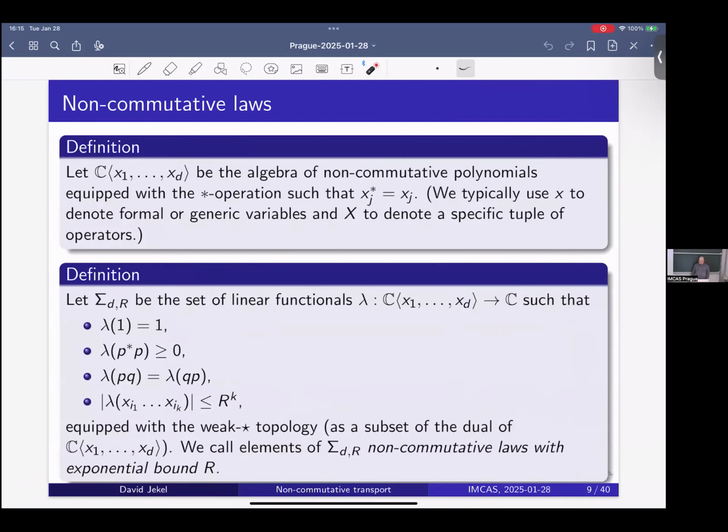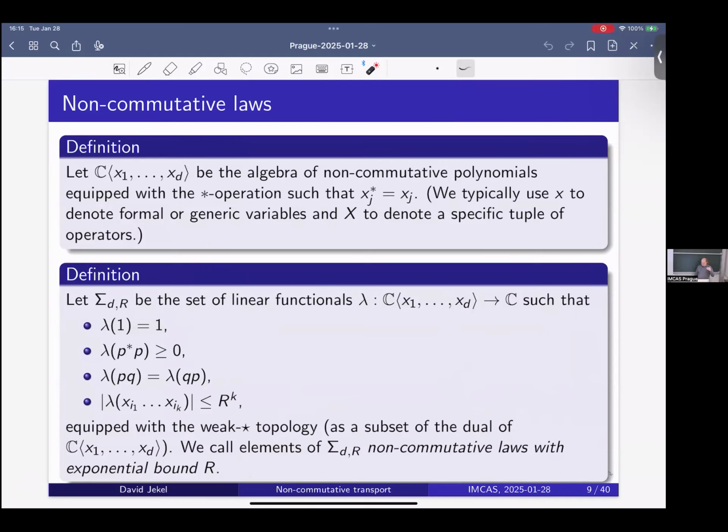But then here's the formal definition. You have the algebra of non-commutative polynomials. It's an algebraic object. It also becomes a star algebra, where you have the star operation that makes them self-adjoint. And then the non-commutative laws are linear functionals satisfying certain properties, which are basically the same as we had for tracial von Neumann algebras.